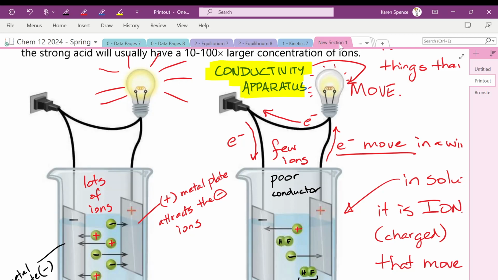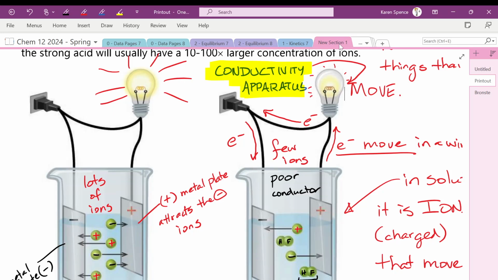All right, back to here. So now let's take a look. That's our water. We have some 1 molar acetic acid. And we also have some 1 molar hydrochloric acid. Okay, so here's the hydrochloric acid. What do you know about hydrochloric acid?